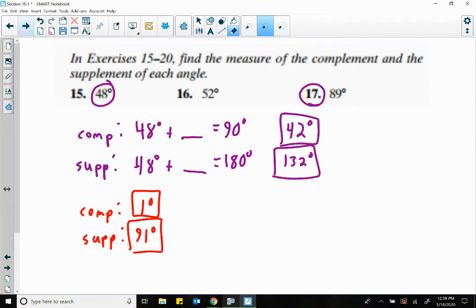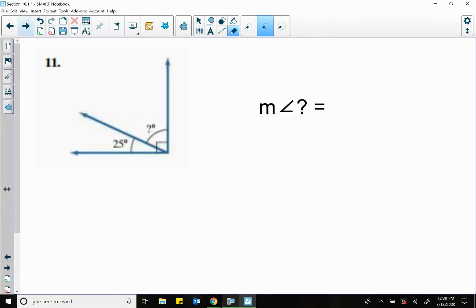All right. Now, then they'll throw pictures at you like this. Okay? Hopefully you all remember what this symbol means. Go ahead and find me the missing angle. Okay. Hopefully you remember that symbol means right angle, which means 90 degrees is there. So that means these two angles are complementary.